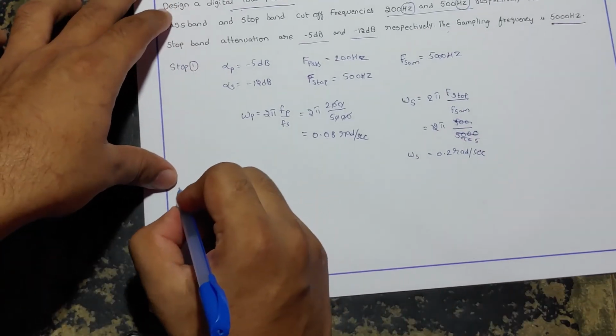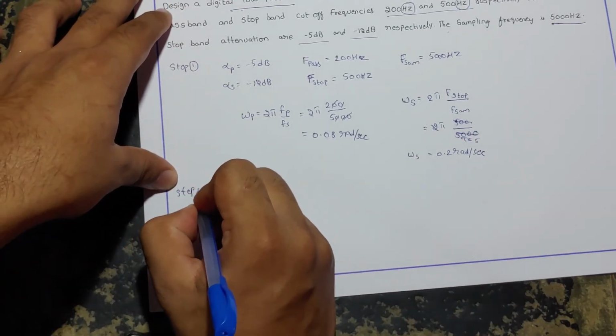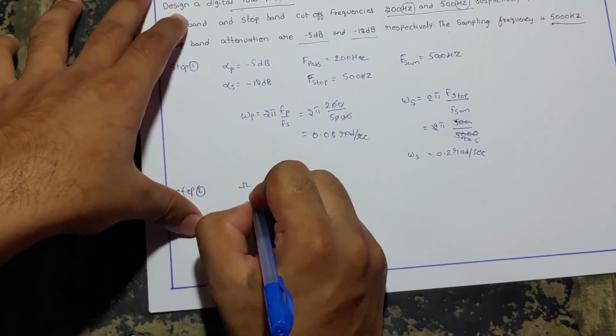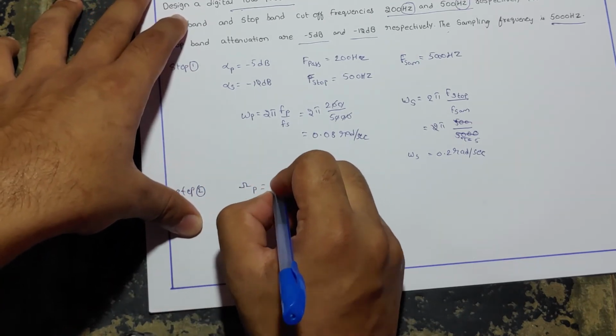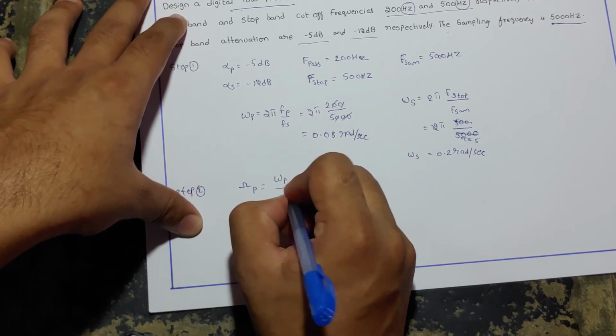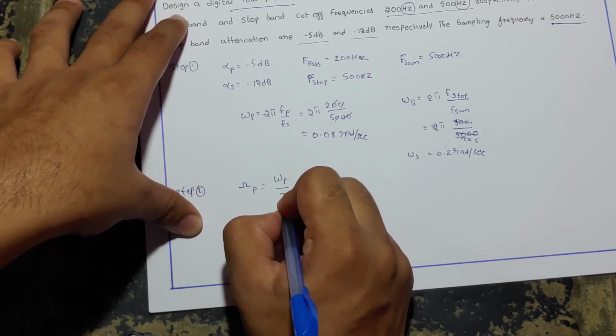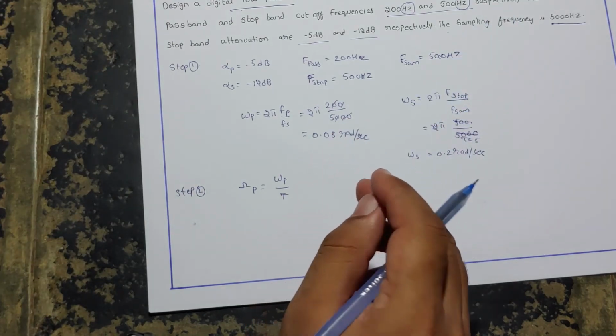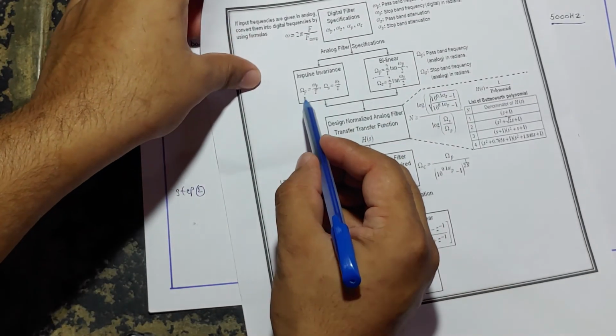Now in the next step, which is step 2, we have to find omega p, which is pass band frequency by capital T. In the case of impulse invariant, make sure to check them in the list.